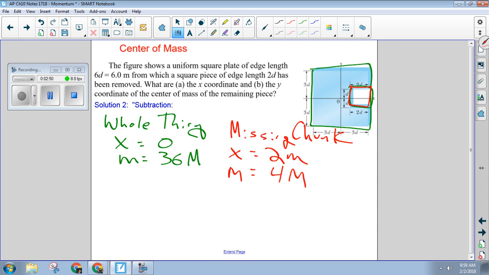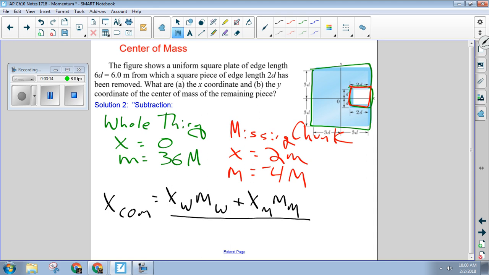All right, now, this is the weird part. Since that chunk is missing, I'm going to treat it as a negative mass, because it's mass that's not there. Follow? And then you just use the equation. So the position of the center of mass should be the position of the whole thing times the mass of the whole thing, plus the position of the missing chunk times the mass of the missing chunk, over the mass of the whole thing plus the mass of the missing chunk.